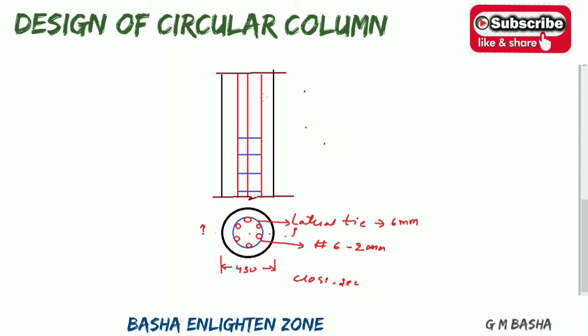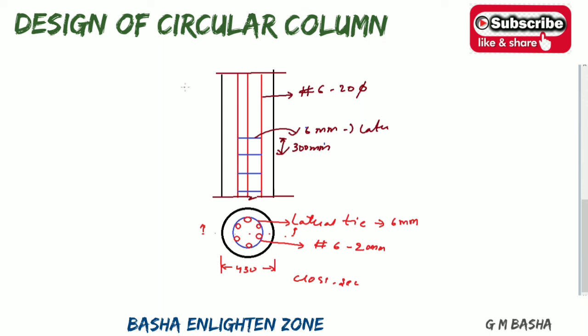So please give the detailing here also, like longitudinal bars of 6 bars of 20 dia, and the lateral tie will be of 6 mm lateral tie, and the spacing between these two will be equal to around 300 mm. So this is the elevation of this particular cross section. Like this you have to give the detailing of this circular column also.